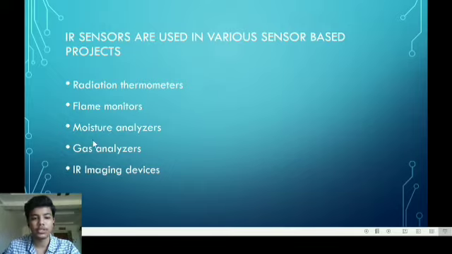Coming to moisture analyzers. Moisture analyzers use wavelengths in the IR region which are absorbed by moisture. Objects are irradiated with light having those wavelengths, somewhere around 1.1 micrometer to 2.7 micrometer, and also with reference wavelengths.